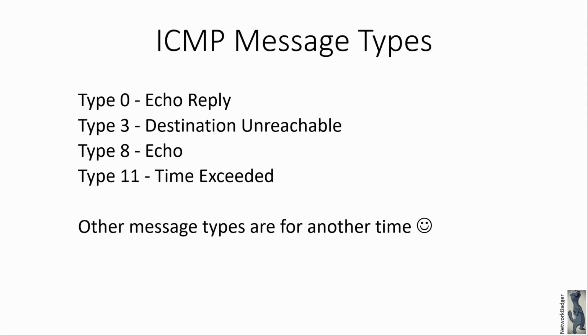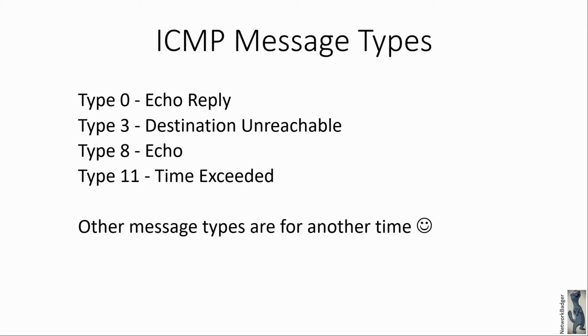So when looking at ICMP specifications, you will not find any mention of ping or traceroute. Ping and traceroute are unofficial terms for tools that are built with ICMP messages. ICMP has 256 message types, most of which are unused, reserved, or deprecated.